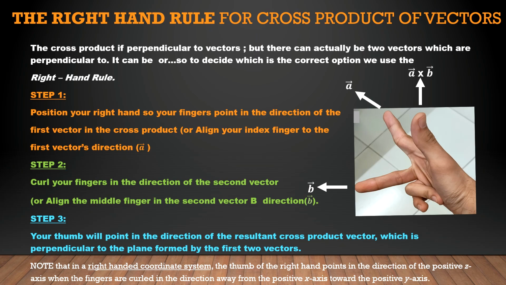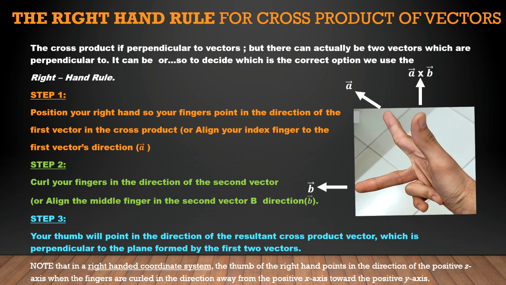For using the right hand rule, the first step is to position your right hand so your fingers point in the direction of the first vector of the cross product, or specifically align your index finger to the direction of the first vector. Second step is curl your fingers in the direction of the second vector, or specifically align the middle finger in the direction of the second vector.